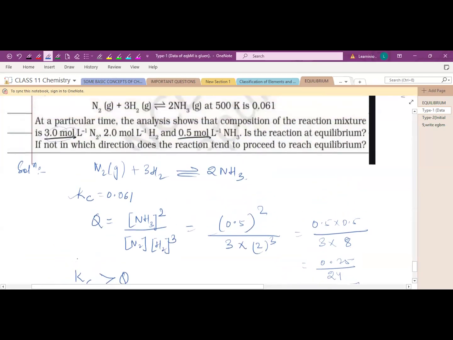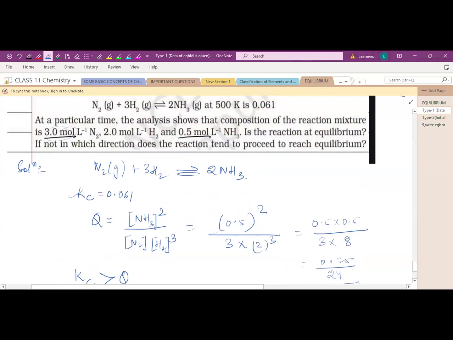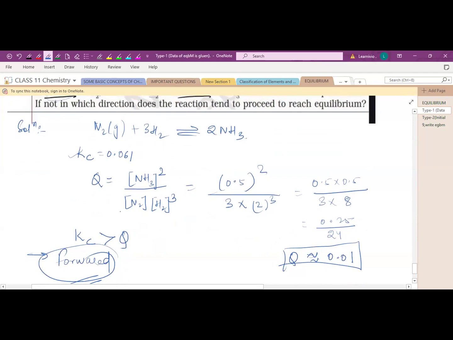If in your exam they ask you to check whether the reaction is at equilibrium or not, you have to compare the value of Q and Kc. Suppose in this question Q is approximately equal to Kc, then the reaction will be at equilibrium.